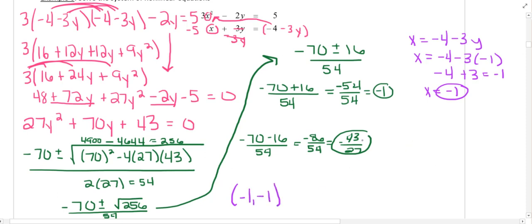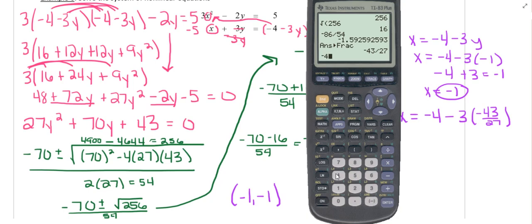Okay, then we're going to plug the negative 43 over 27 in. So x equals negative 4 minus 3 times negative 43 over 27. And we're just going to put that in our calculator. So we're going to go negative 4 minus 3 parentheses negative 43 over 27.